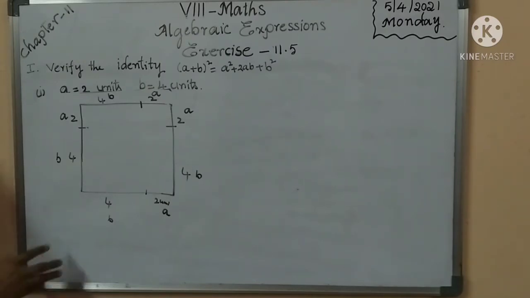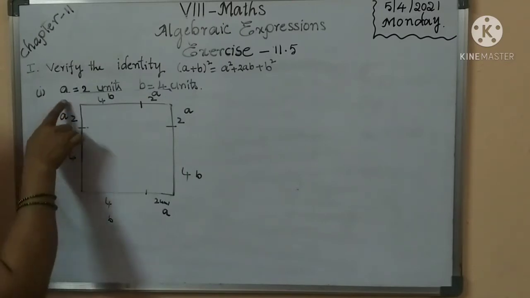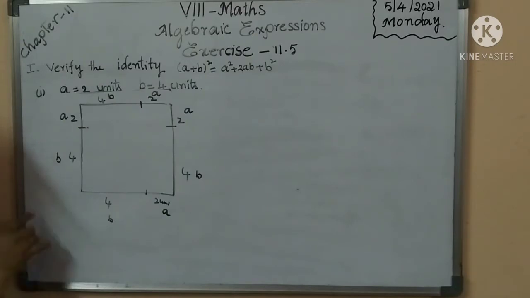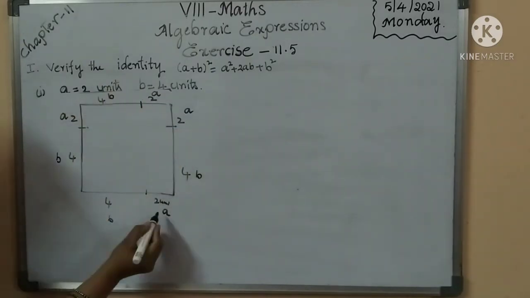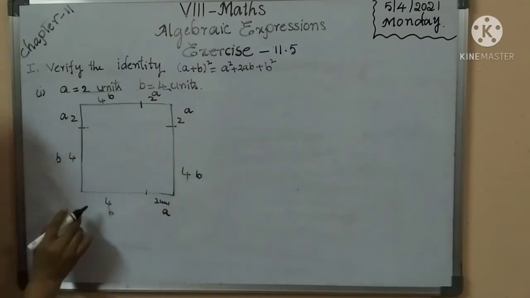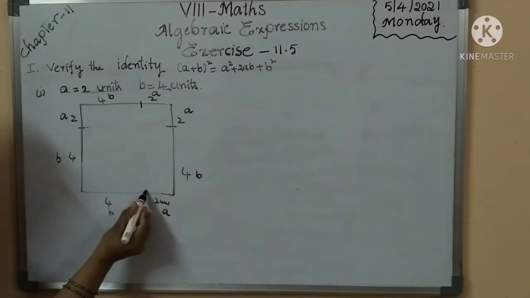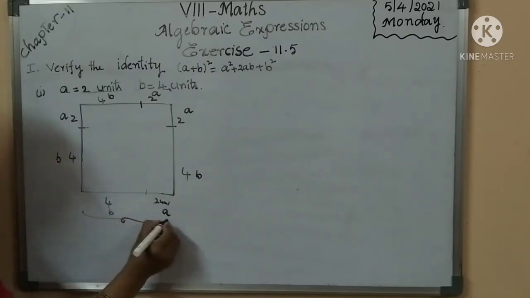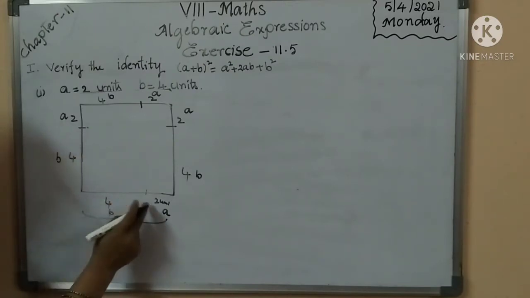Now observe that it is a square. Here a equals 2 units and b equals 4 units. So a + b means here 2 units and here 4 units, and the total distance is 6 units, 4 plus 2.